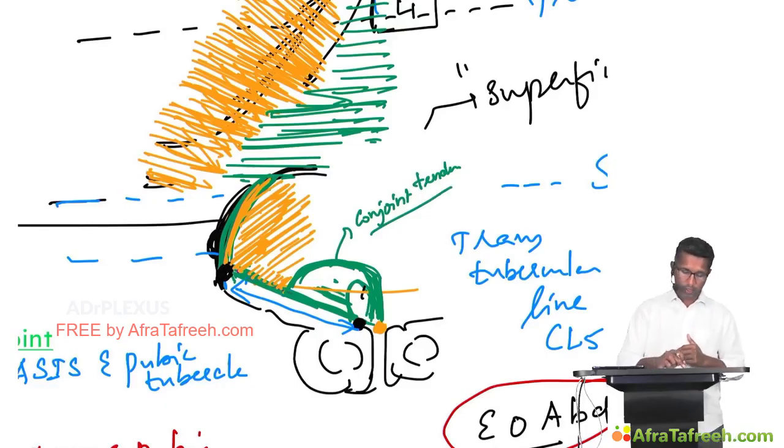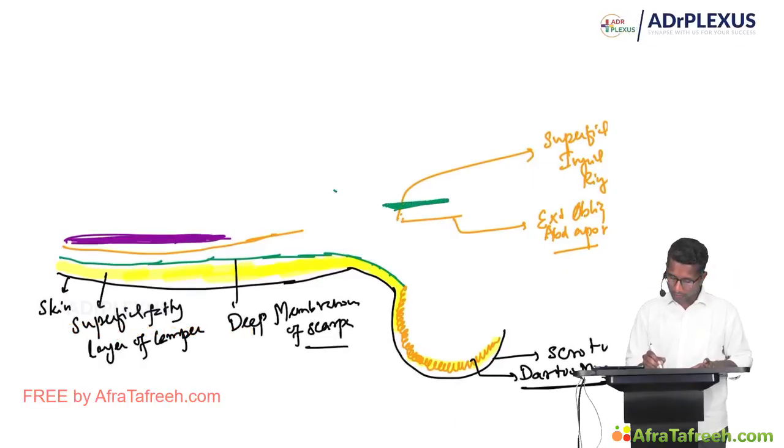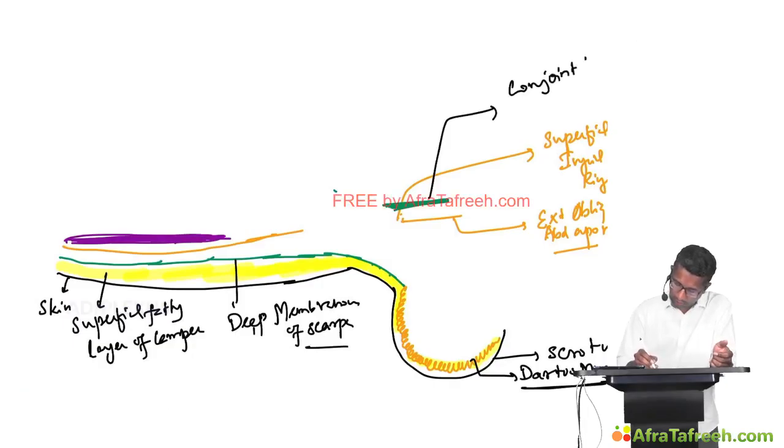So if I want to show that in this, this muscle forms a tendon which is going to the posterior aspect. So this is called the conjoint tendon. This layer is called the conjoint tendon.